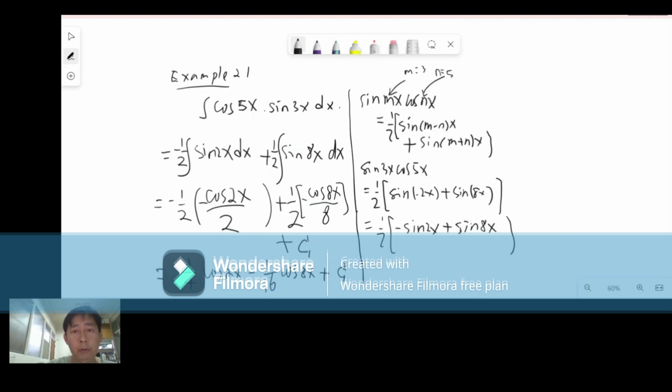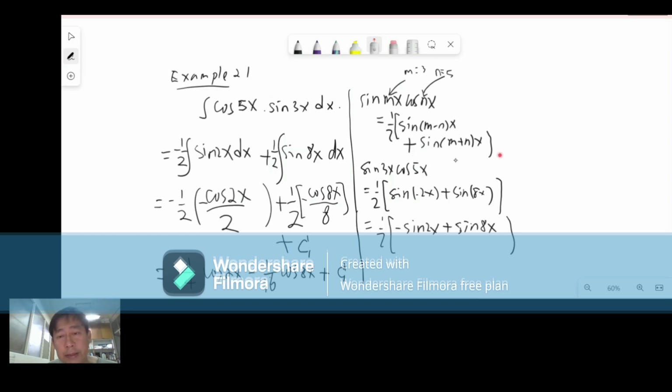So as a conclusion, we have successfully shown you in example 21 how to integrate the product of two trigonometric functions with two different arguments. This is done by decomposing the product of the two trigonometric functions into the sum of two sine functions using the identity as shown here.